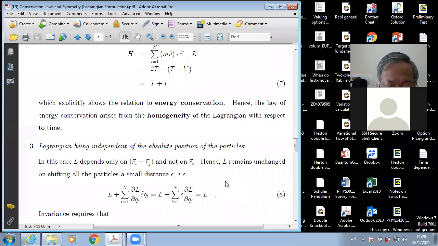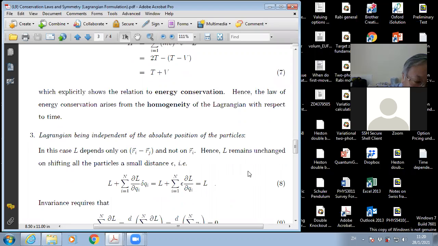So if we make a translation, an infinitesimal translation, all right, then we expect that the Lagrangian will be expressed in this form. The original L before the shifting, and the change in L due to the infinitesimal translation. All right.